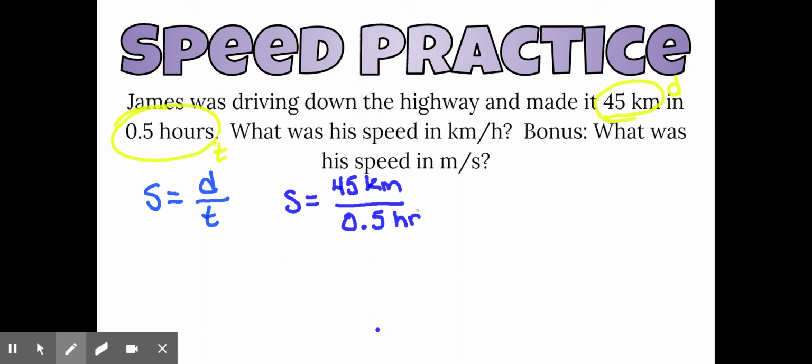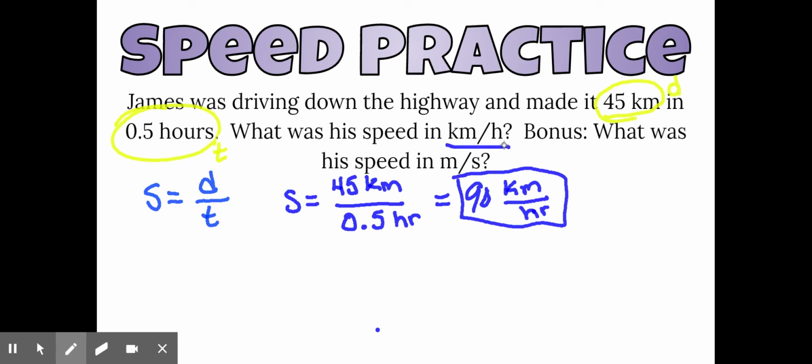Now our units there don't cancel, so both kilometers divided by hours are going to be in our answer. If you punch that into a calculator, 45 divided by 0.5 is equal to 90, and then we take our kilometers over our hours. So that's the first part. We found our speed in kilometers per hour.